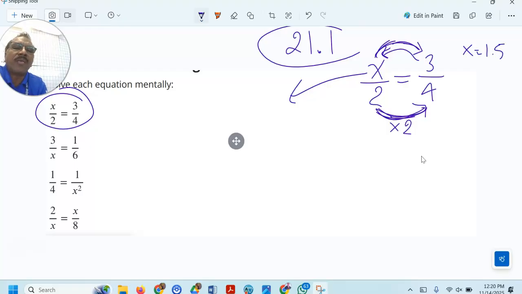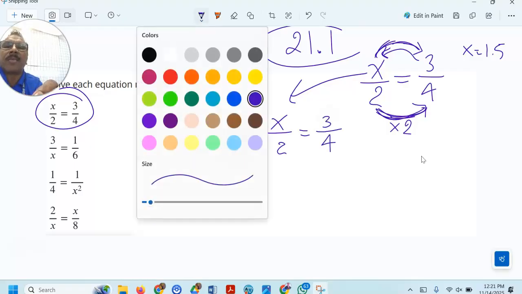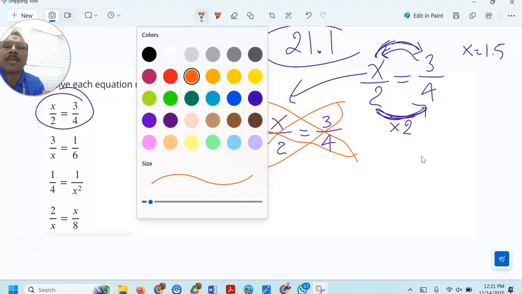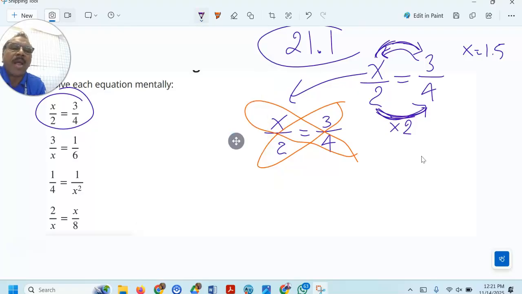But I want you to use the actual cross product property. What does that cross product basically mean? You are multiplying these two pieces, and then you're multiplying this and then work out. So this will be 4 times x, you're multiplying x to 4, equals 2 times 3.